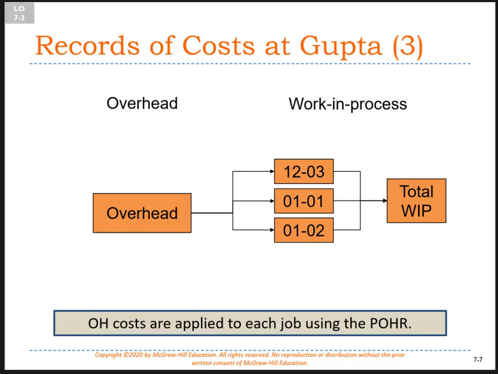If you've got a long project that's 4 or 5 months, you may allocate overhead multiple times. For shorter jobs, you may only do it once, maybe even not until the job is completed. But we're going to allocate using that predetermined overhead rate we learned about in Chapter 6. So that whole idea is going to carry over here, and we're going to use it again with job costing.